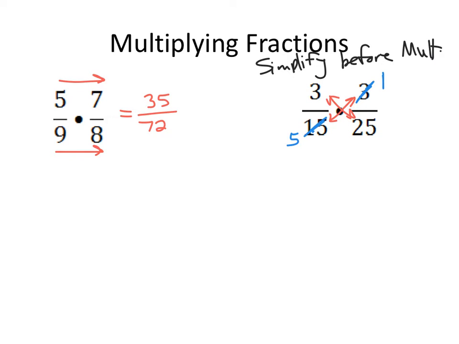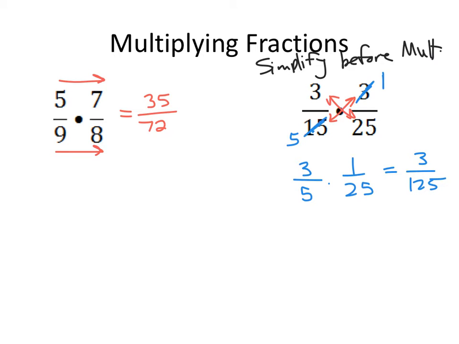And so now what I've basically done is I've created 2 new fractions that now I can see if there's anything on the diagonal that I could cancel, or underneath that I could cancel, and there's not. And so the idea is now I can just go ahead and multiply 3 over 125. So the idea is that you can simplify before you multiply, and it makes the process just a little bit easier.